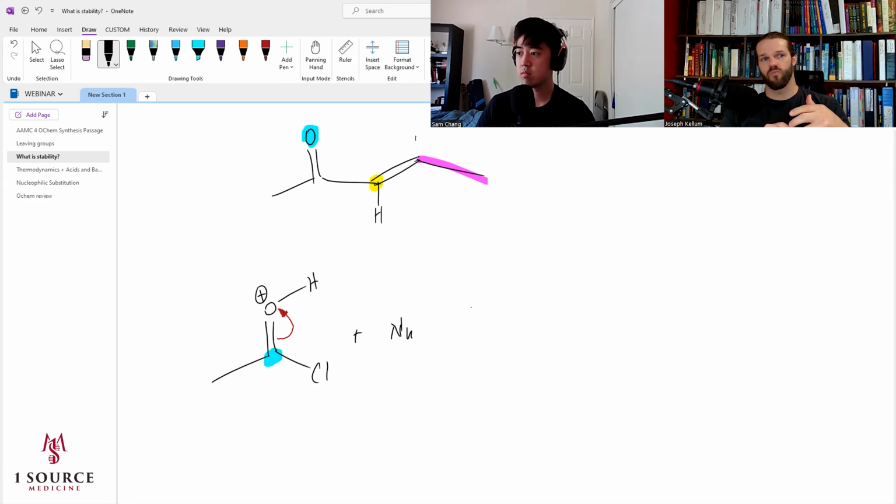NMR is relevant too. It detects odd number nuclei, like carbon 13 and H1, primarily those two, due to the way that magnetic resonance works. I don't think it's necessary to explain all of that. Then, thinking about splitting, the signals on HNMR are going to split due to hydrogens on adjacent carbons.